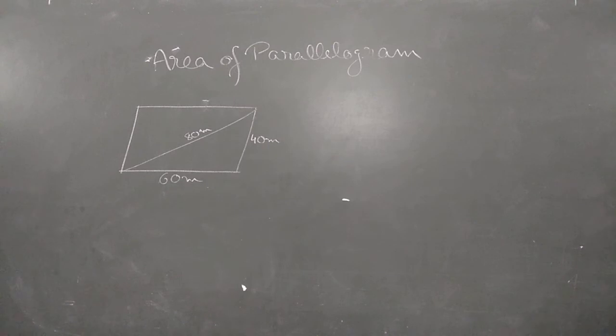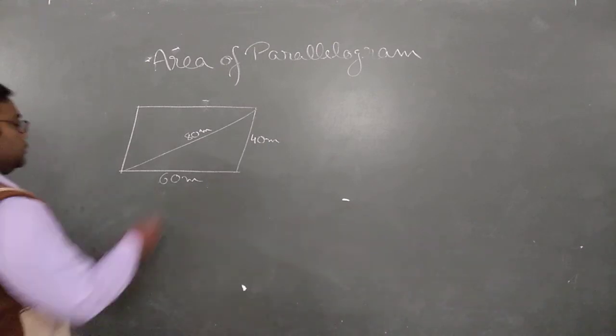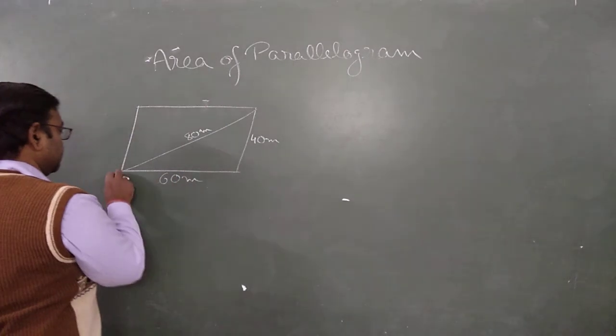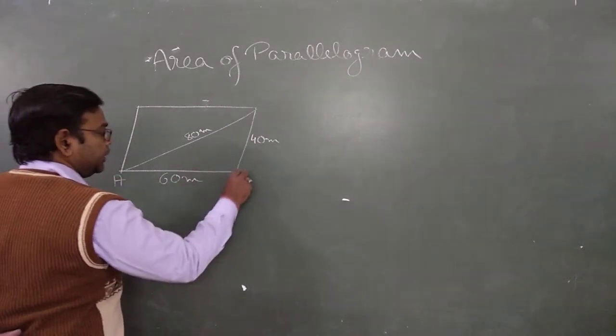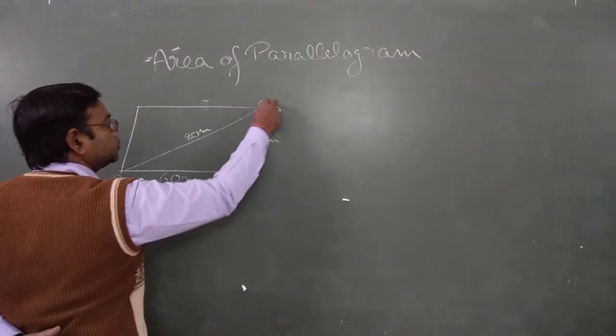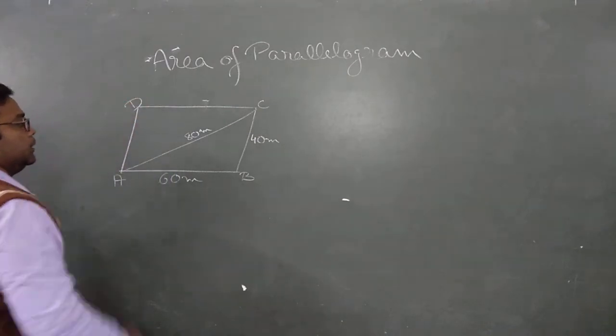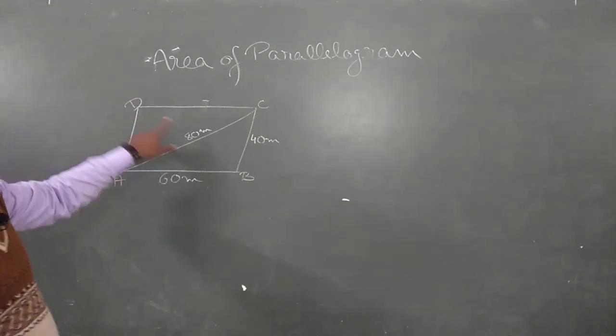And there is a property of diagonal of parallelogram, that it divides the parallelogram into two congruent triangles. This triangle equals to this triangle.